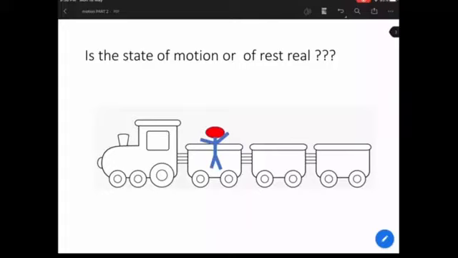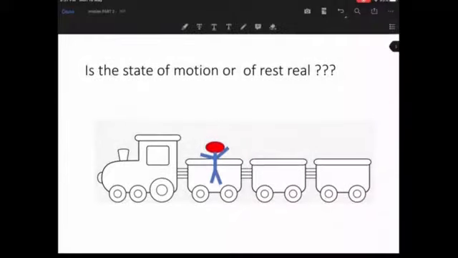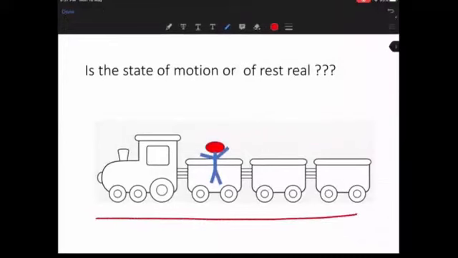So suppose we have a train and the train is moving, and you're sitting inside the train. There is a friend of yours who's also sitting next to you. Suppose the train just crosses a station midway. Now, for any passenger who is standing on the station platform, what would it look like?